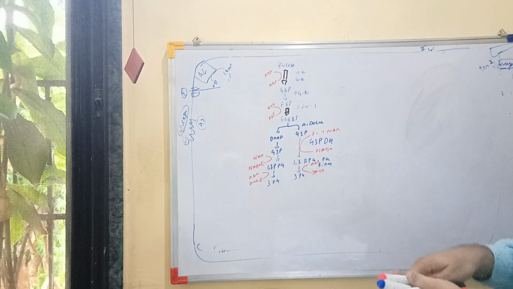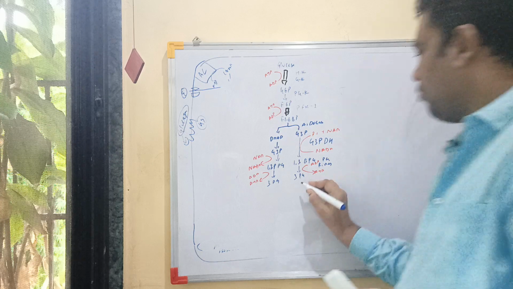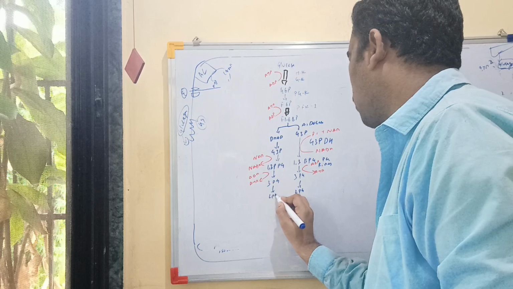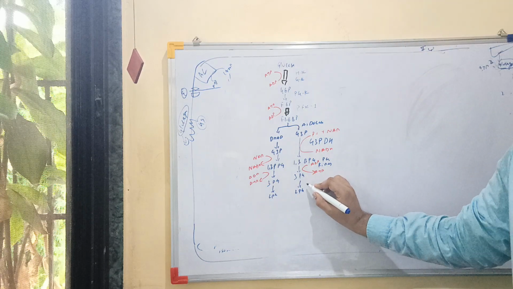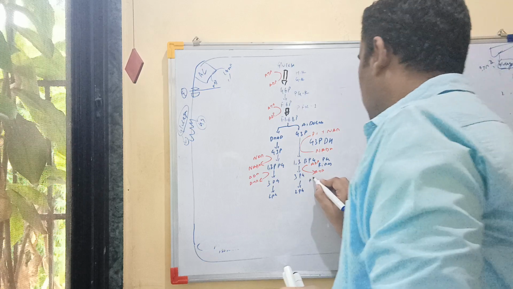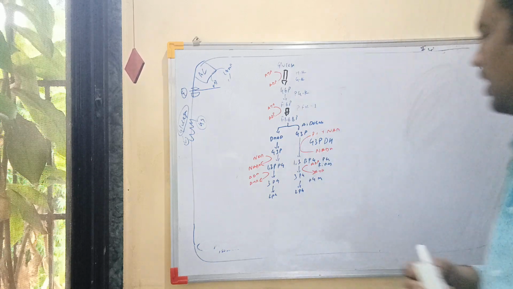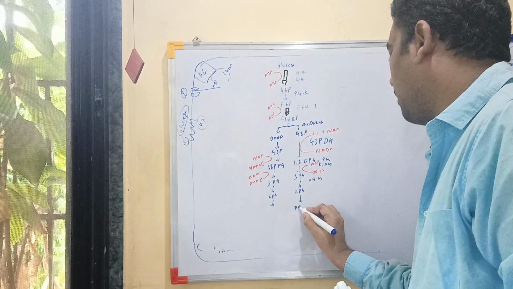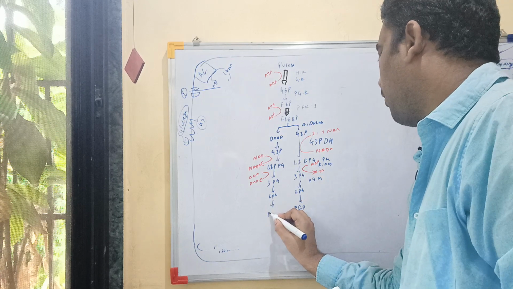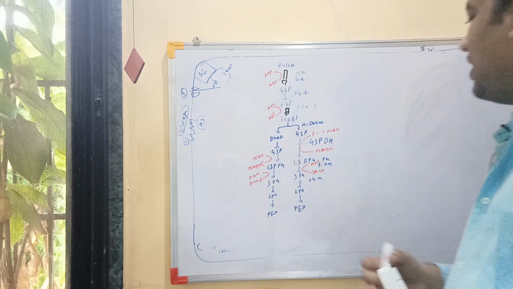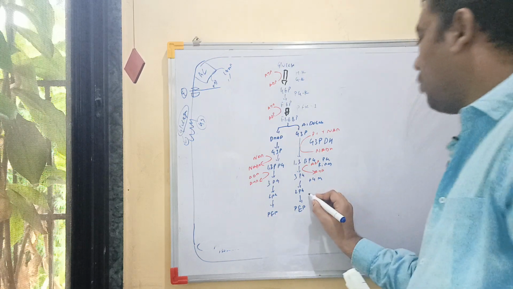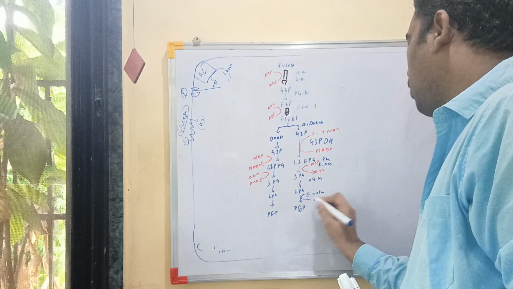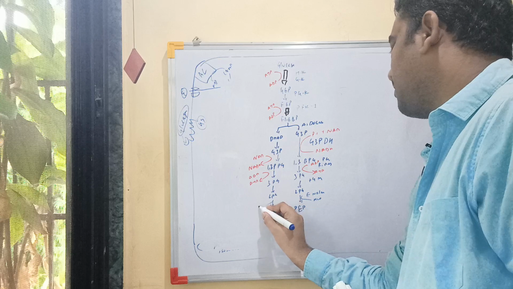Then when we talk about 3-phosphoglycerate, there is one more mutase enzyme which works, and we get 2-phosphoglycerate. The enzyme over here is phosphoglycerate mutase. Now this 2-phosphoglycerate will be converted into phosphoenol pyruvate, and the enzyme is enolase. We are removing water from this.